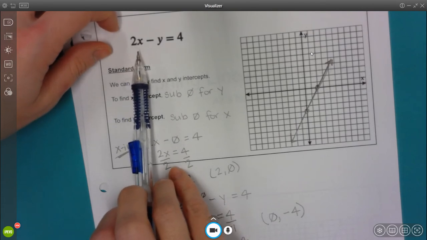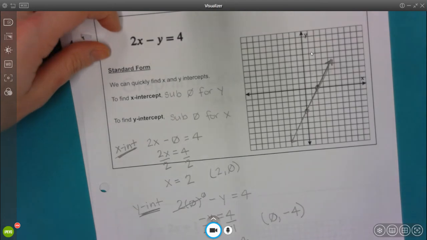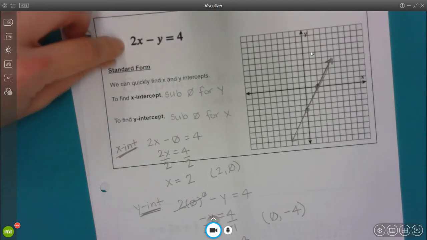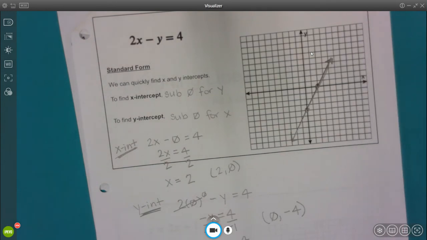And again, I would only do that if my x or y-intercept ended up being a fraction. It is very unlikely that if you're given a standard form equation that you'll see that fractional intercept. But just so that you're aware, it is possible.